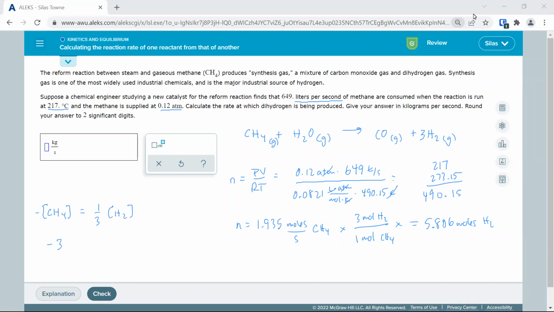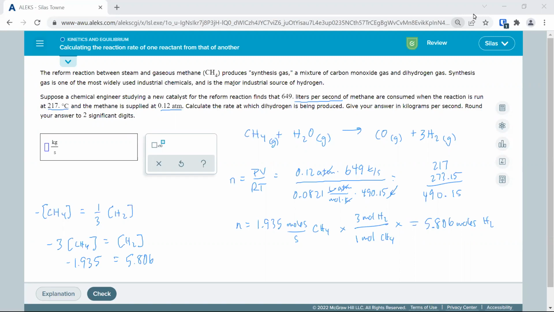So -3 times the rate of CH4 is equal to the rate of H2. And so I'd put in a negative 1.935 because it's being used up. Now I use it as a positive over here, but again, a lot of times the negatives are we're just taking a second to think about them. Okay, yeah, it's being used up. So that negative times 3, and you'd get that same number. Either way works, same number.